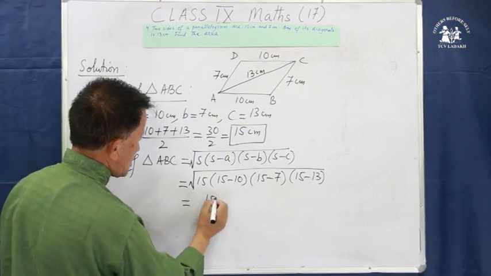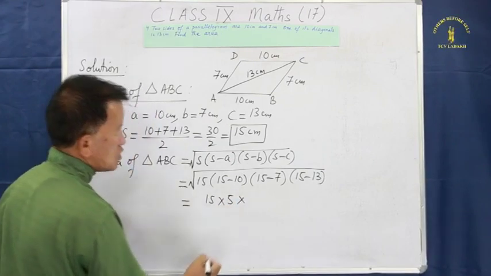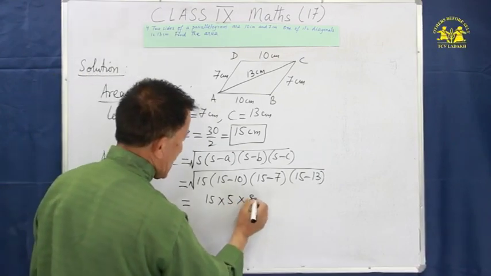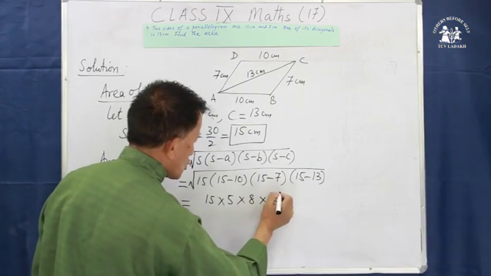So this is 15 into 15 minus 10 is 5, into 15 minus 7 is 8, into 15 minus 13 is 2.